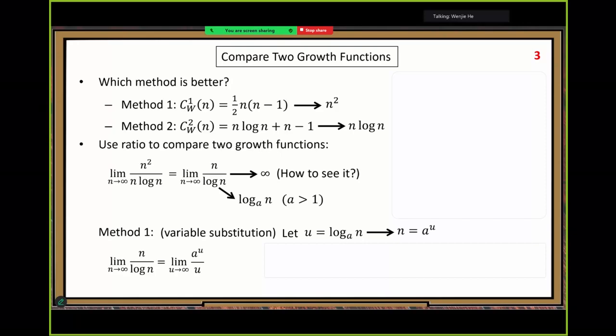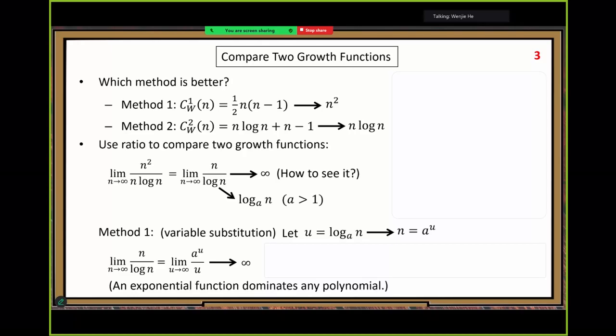Because the numerator is an exponential function. And we know an exponential function with base greater than 1. Although we didn't mention the base here, the base is greater than 1, right?